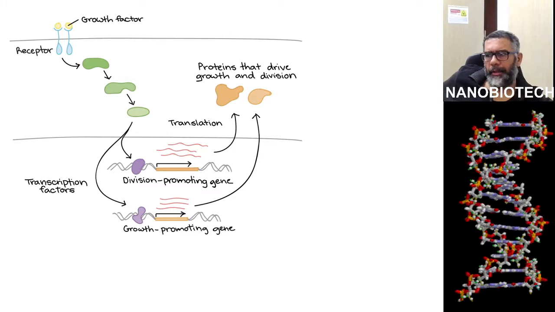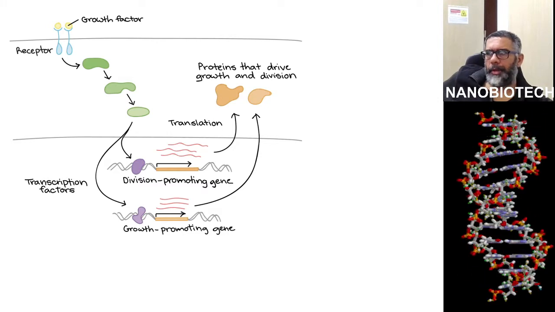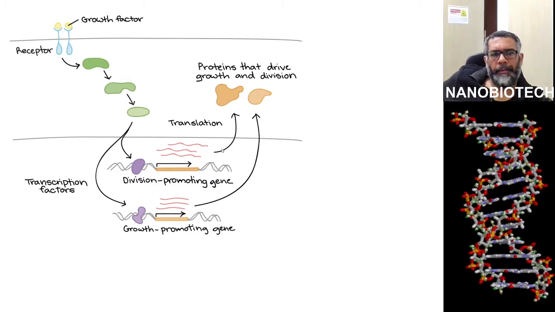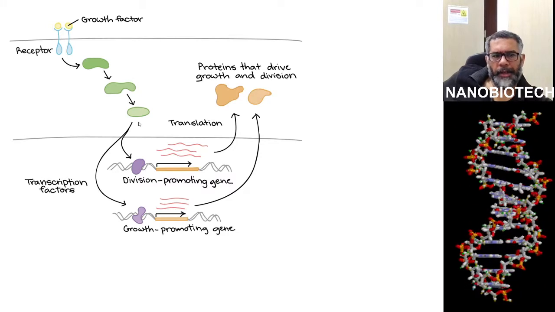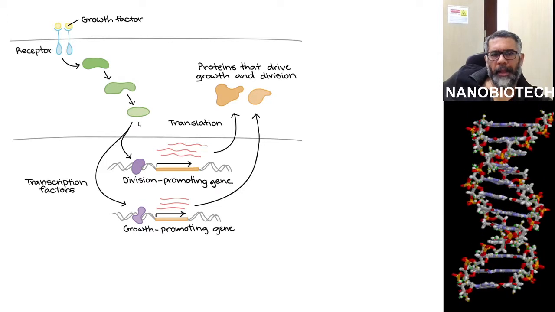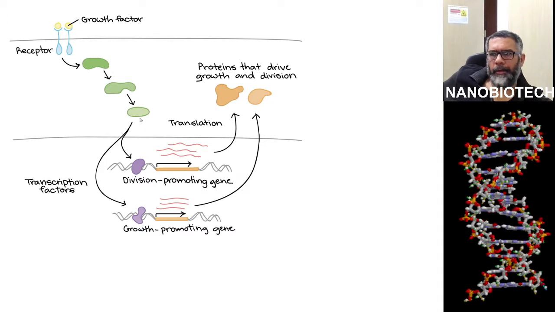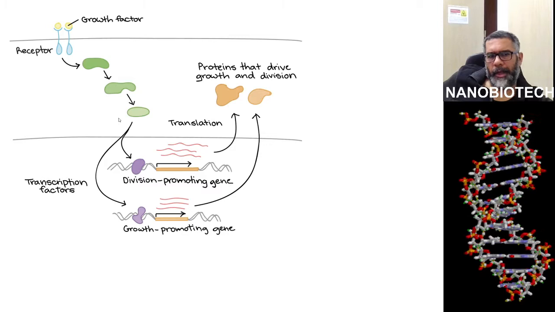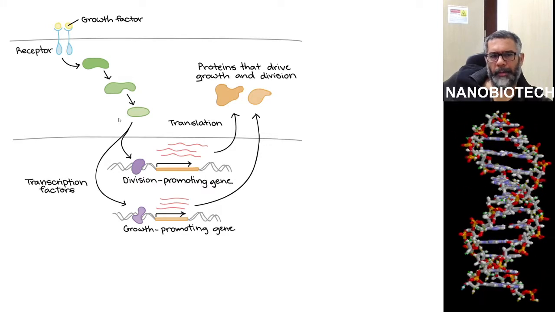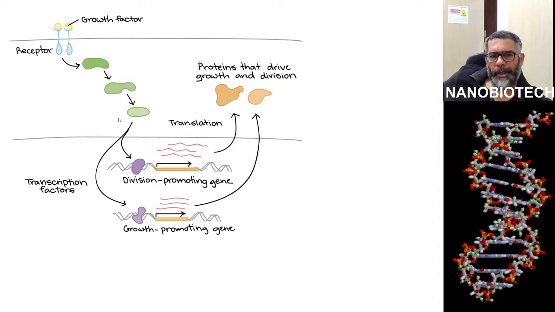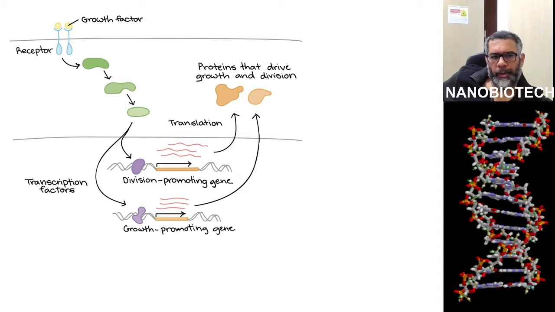A growth factor, you see over here, is a chemical signal from a neighboring cell that instructs a target cell to grow and divide. We could say that the cell notices the growth factor and decides to divide. But how do these processes actually occur?